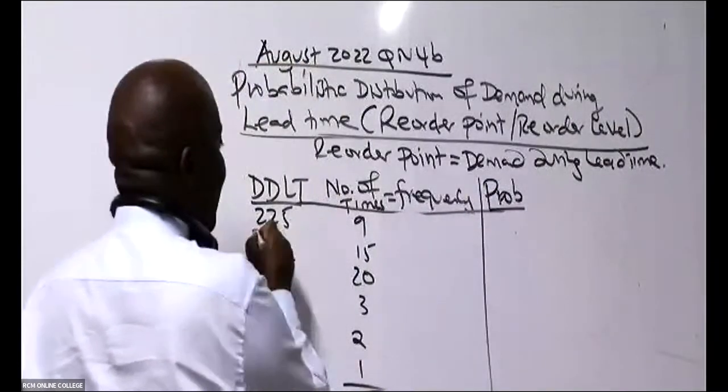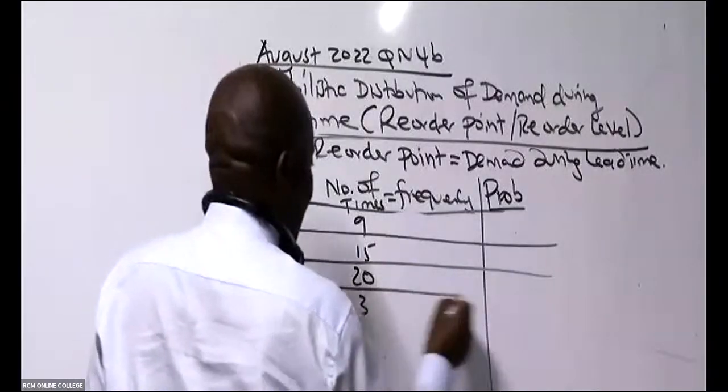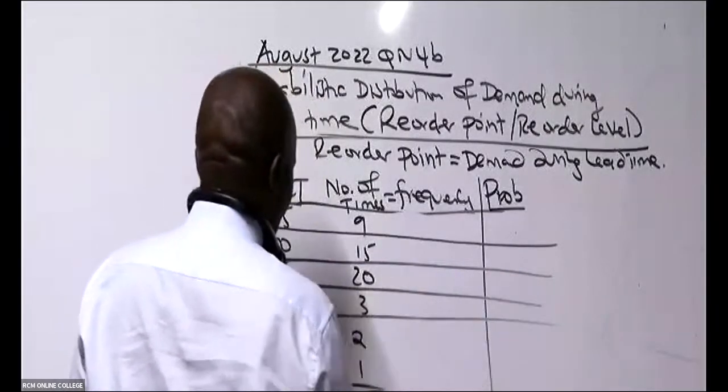Out of these frequencies, we can easily get probabilities by relating the individual frequencies to the total.